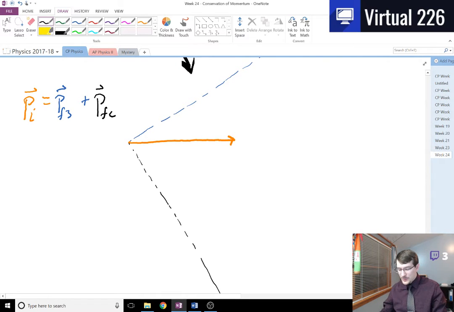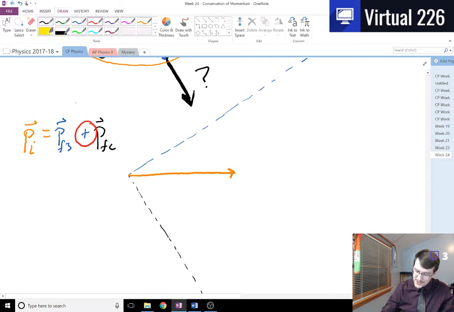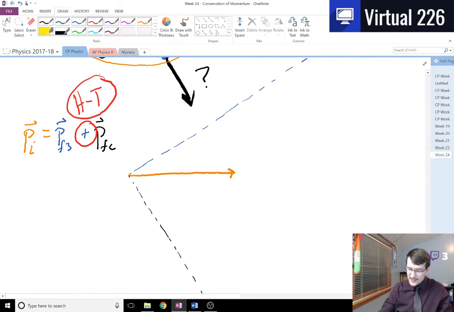If we remember back to unit 3 or 4 when we talked about adding vectors with the head-tail method, this addition sign is the head-tail method. So I can pretend I take the cue ball's vector and slide it up along the 3 ball's vector.